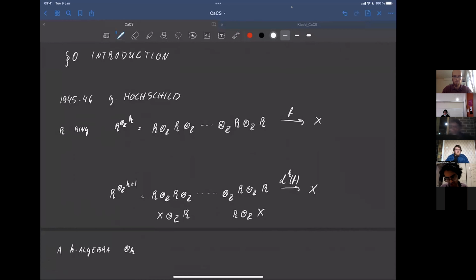There is an area in homological algebra where you use this to study dimensions of abstract algebras. But today we'll focus on categories.